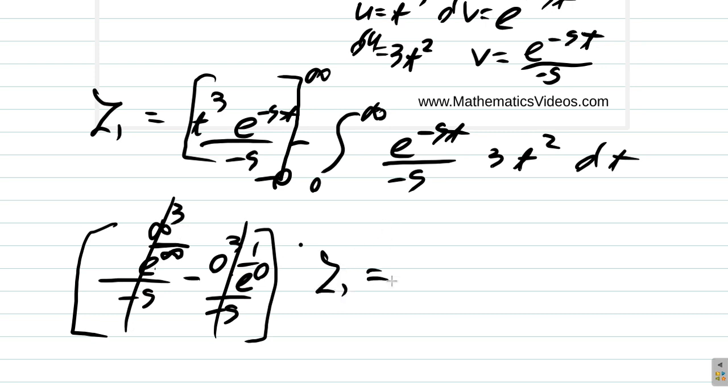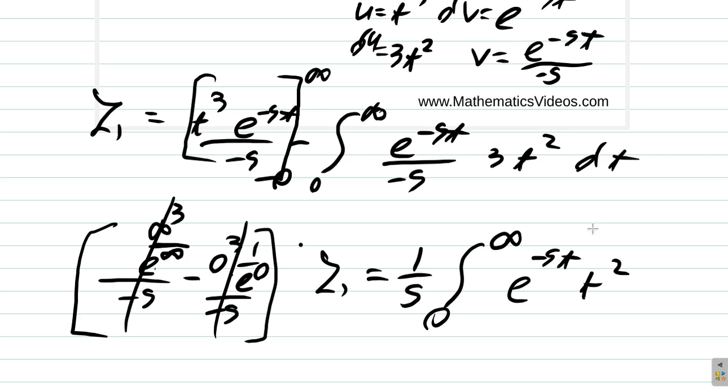is L1 is equal to negative times negative, so positive. Let's factor out. So it's 1 over s integral from 0 to infinity of e to the negative st times t squared. We factor out 3 as well.